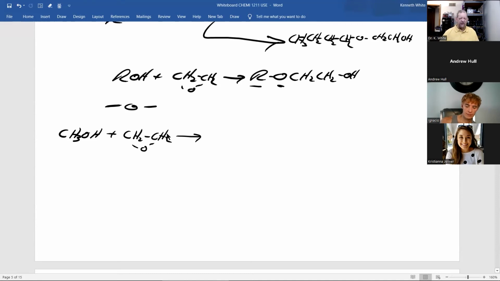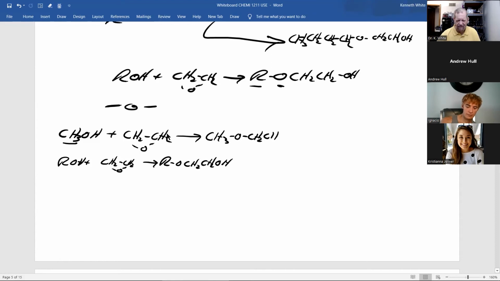So if I do this reaction, what do I have? An alcohol plus ethylene oxide, and I get an ether alcohol. And what's our methyl? So I'll get this molecule. Now, if we look at the new molecule we just made, what do we have? An alcohol.